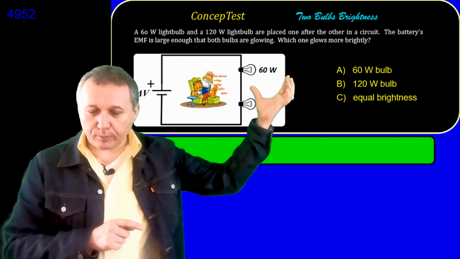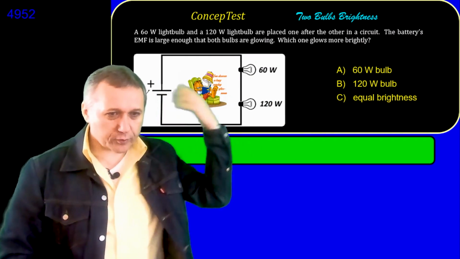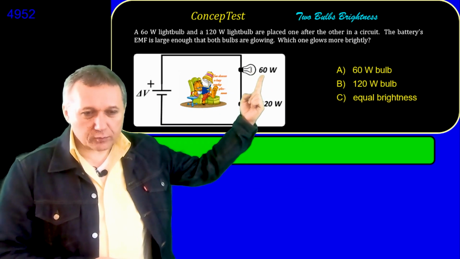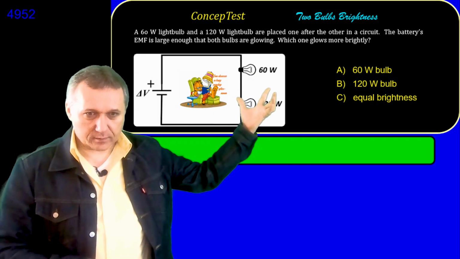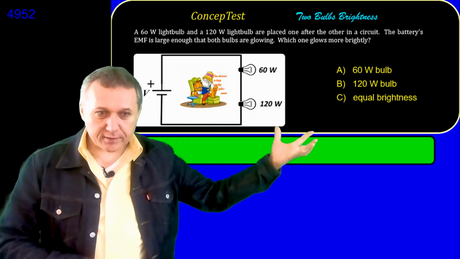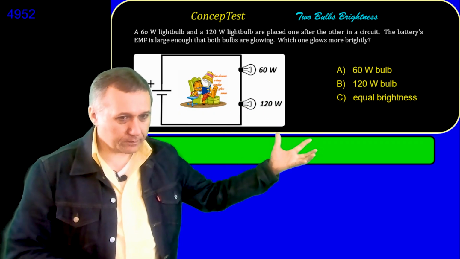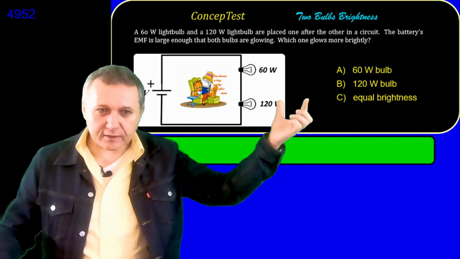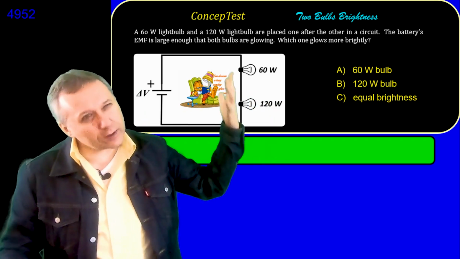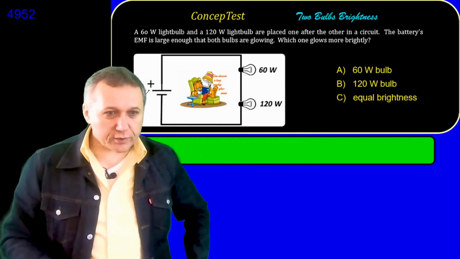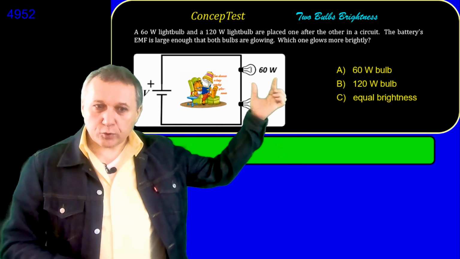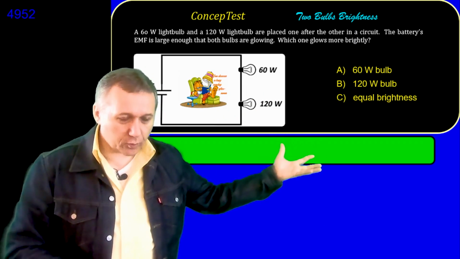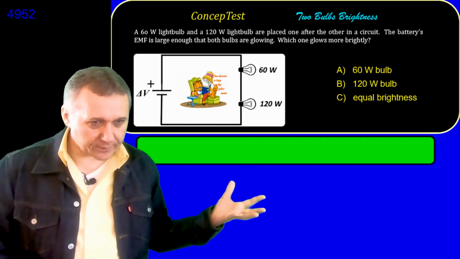If I grab this bulb and go to Europe, for example to Ukraine, to visit my friends, these numbers would mean nothing, because their potential difference in the outlets is 220 volts. If you go to Africa, maybe the potential difference over there is different, I don't know. And these numbers will be completely useless. Okay, not completely, but close to that. So you see, these numbers are useful only if you live in the US or in a country which also uses 120 volts potential difference.